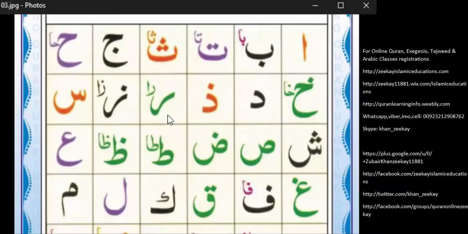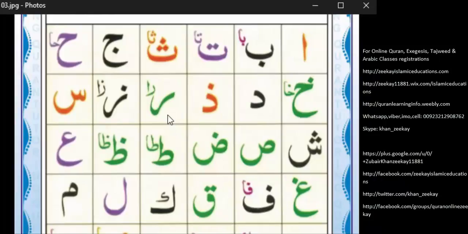The next letter is Ra. Letter Ra is pronounced by touching the root, the joining part of the front upper central four teeth.